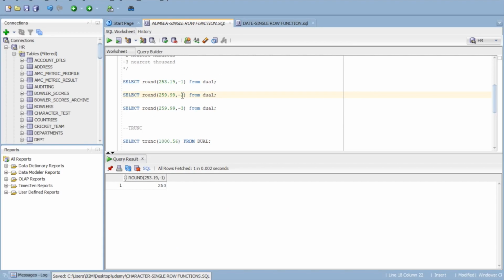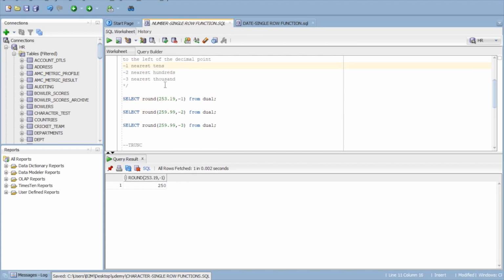And see here in this example, 259.99, -2. What is -2 here? -2 means nearest 100. Just look at the range 200 to 300. Either it will return 200 or 300.